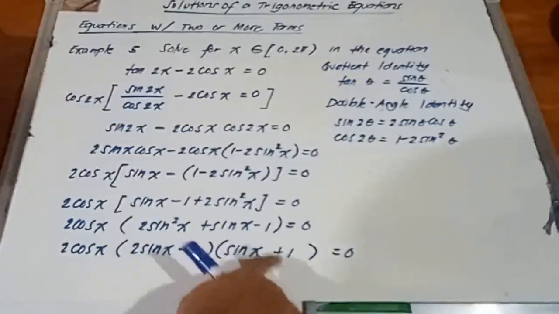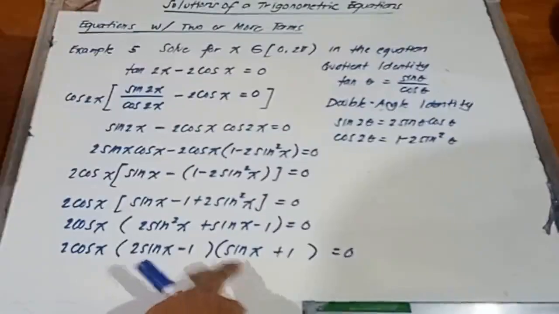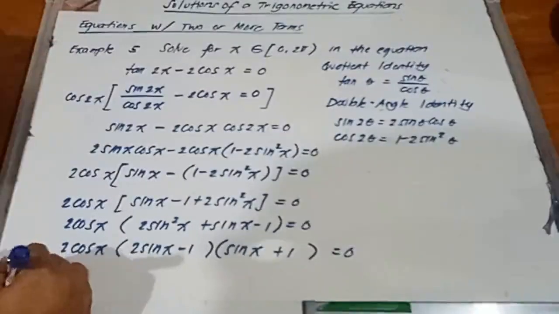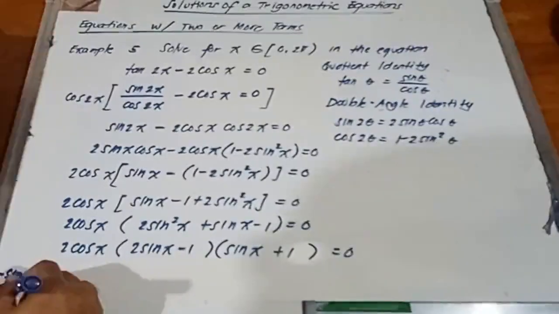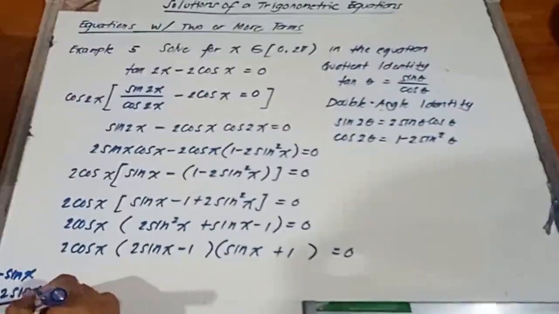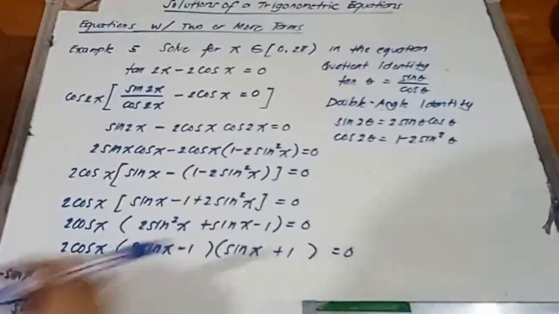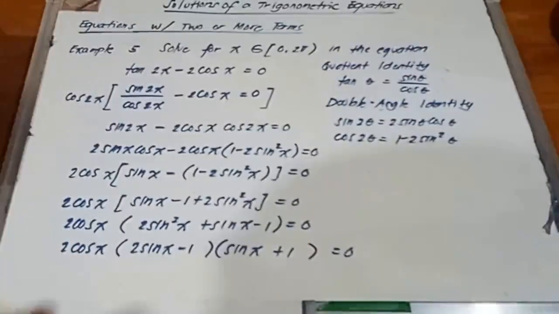Negative 1 times 1 is negative 1. Negative 1 times sine x is negative sine x. 2 sine x times 1 is 2 sine x. Then, kapag sinubtract natin, that is sine x, which happens to be the middle term of this trinomial. So, tamang factors natin.